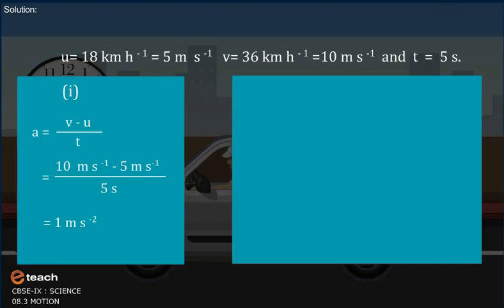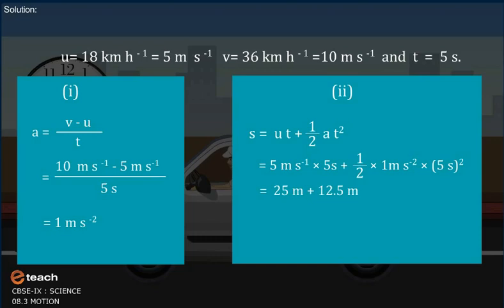From the equation, we have s = ut + ½at², that is equal to 5 meter per second × 5 second + ½ × 1 meter per second square × (5 second)², that is equal to 25 meter + 12.5 meter, that is equal to 37.5 meter.